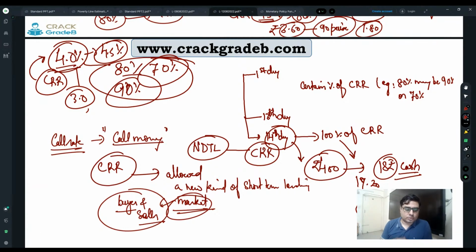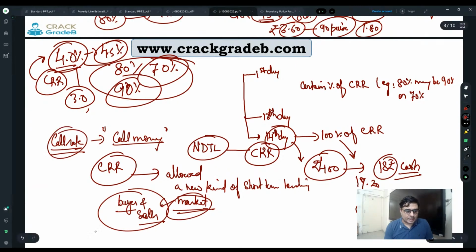So what is call rate? Call rate is the rate of interest charged by one bank over another bank in order to provide money so that the borrower bank can fulfill their immediate cash reserve requirements under this system. That is call rate. And the money borrowed by the bank is known as call money.